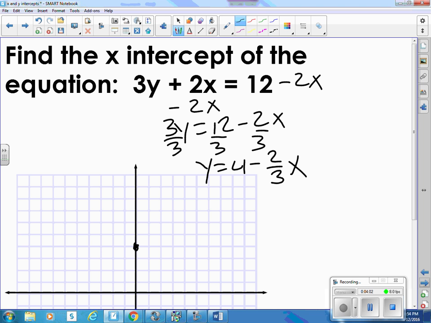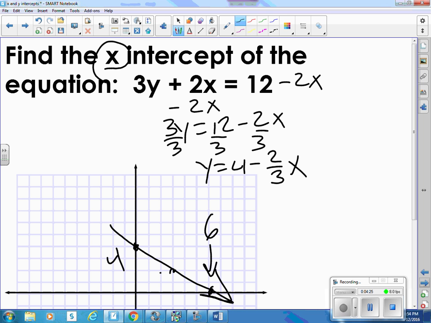So let's go down 2 over 3. So there's one point. Let's do that again. Down 2 and over 3. So here's our line. And yeah, the y-intercept is 6. I mean the x-intercept, sorry. Because we were looking for the x-intercept on that one. The y-intercept is 4.